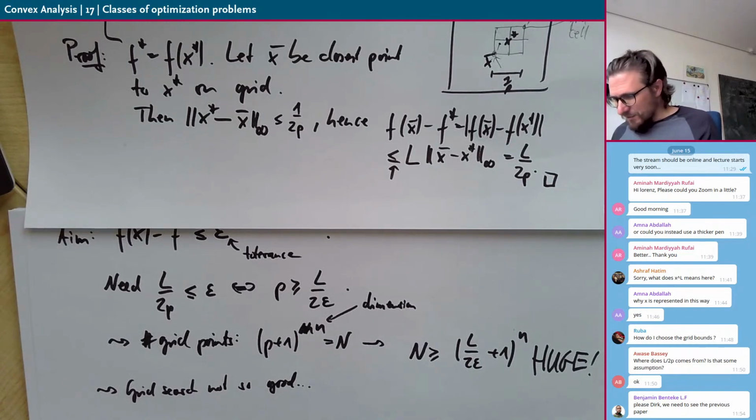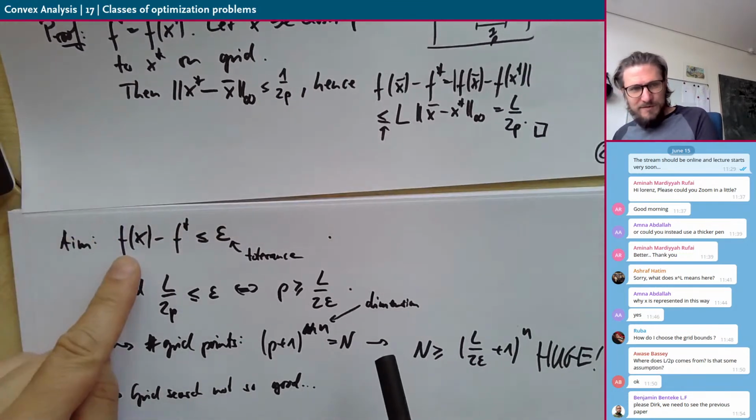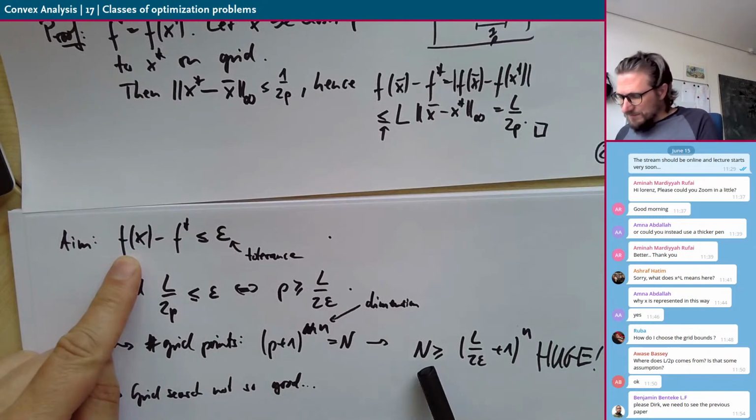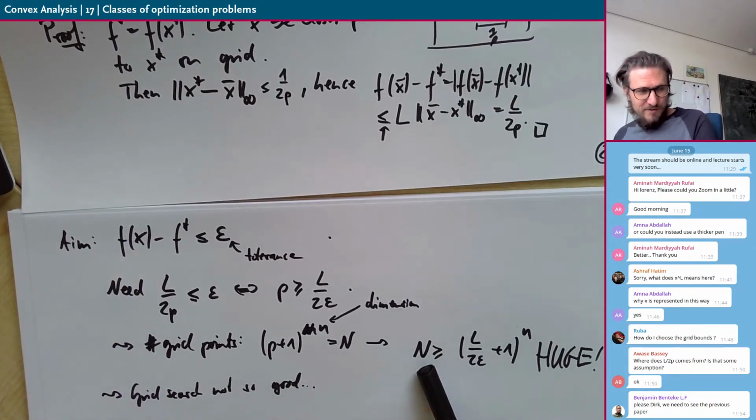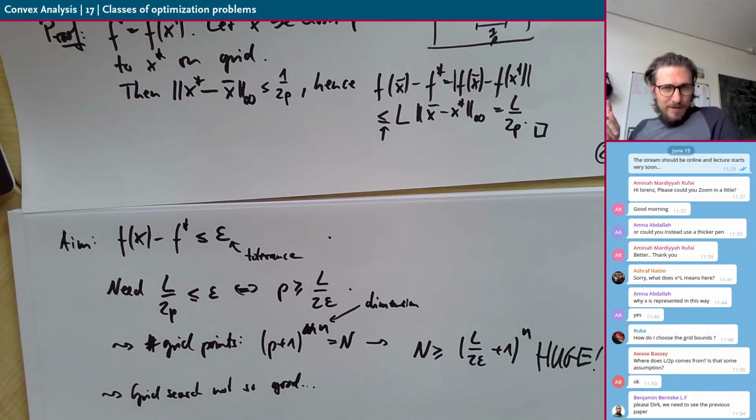So this is the take-home message here. If you want to guarantee that grid search produces a solution which fulfills this tolerance, we would need this many evaluations of the function value. Okay, but now the question is, what is the best algorithm which we could come up with which can solve any problem in the class? And this is now a much more difficult question.